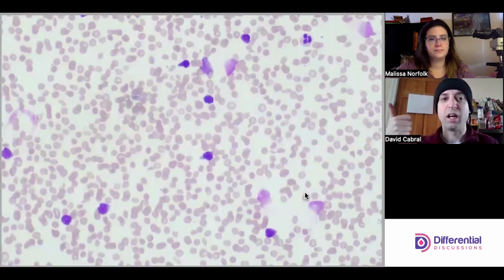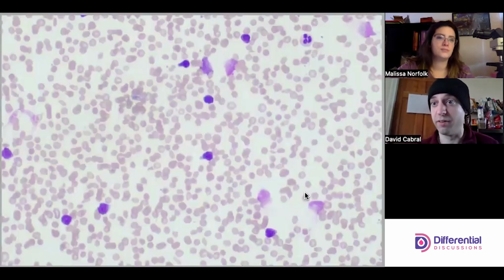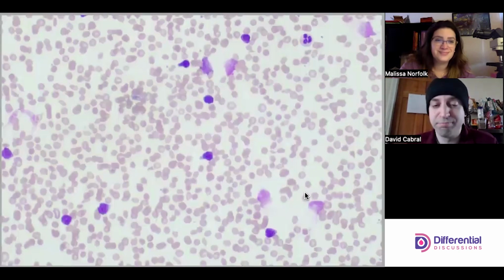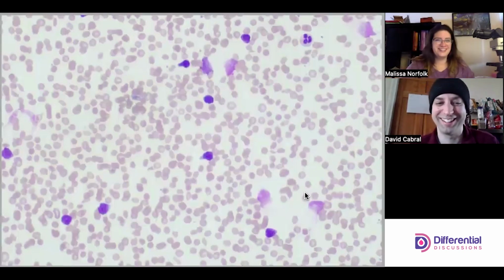Moving down the pathology tree could be CLL, and then ALL and AML can have smudges like this too. I think ALL more commonly than AML, but really any malignancy you could see them, because they don't read the textbook. They do what they want.